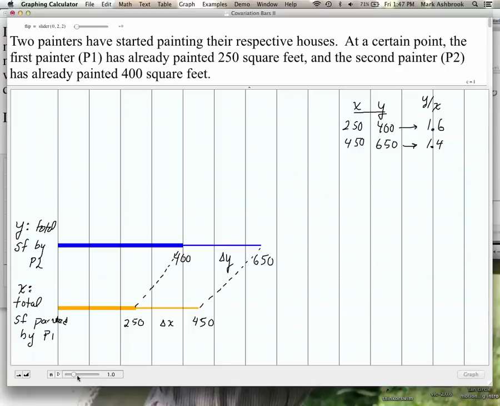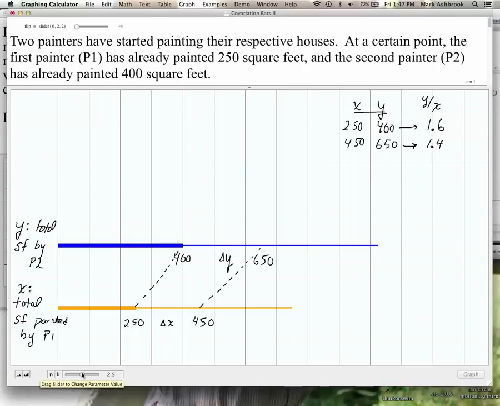All right, now painter 1, sorry, painter 1 is going to paint. What did he do? 200. Now he's going to paint 300 more than that. Is that 300 more? Okay. Do the math.